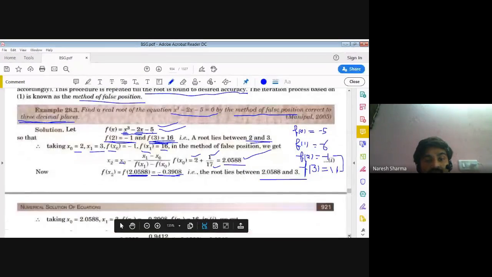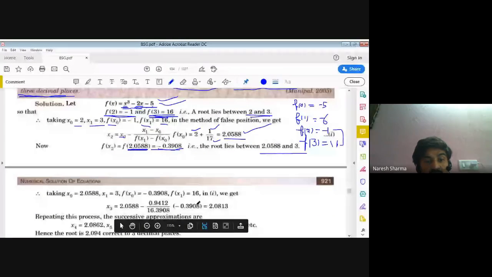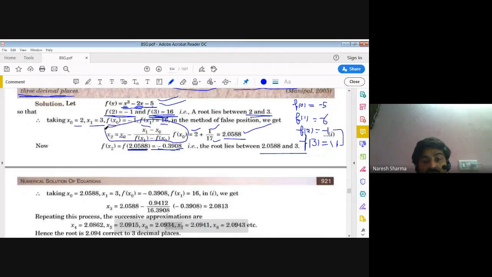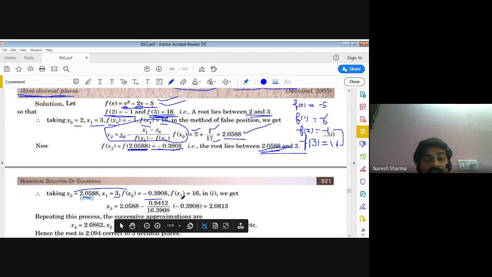So now again use the same formula. Nothing special. We assume the lower value as x naught and the upper value as x1. We just rename the variables at this stage. The corresponding value of the function at x naught is minus 0.39, and at x1 it is 16.